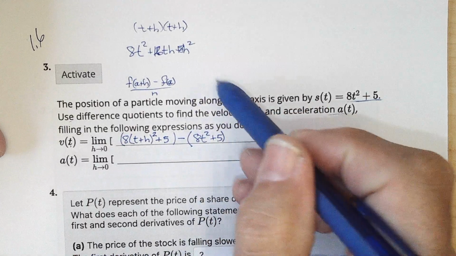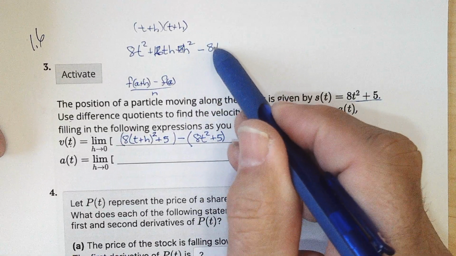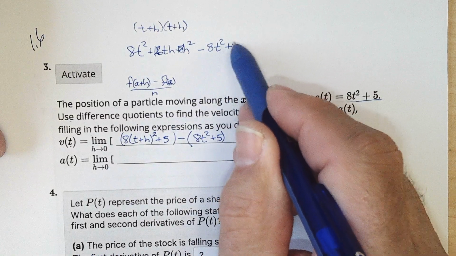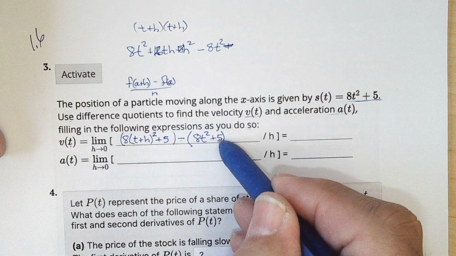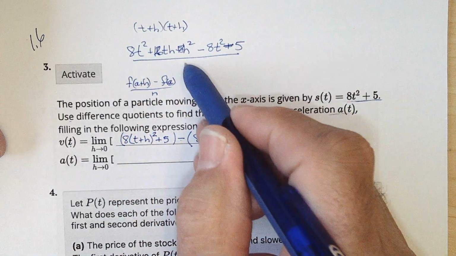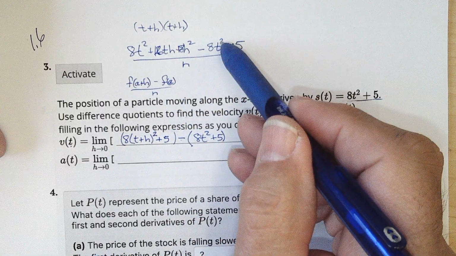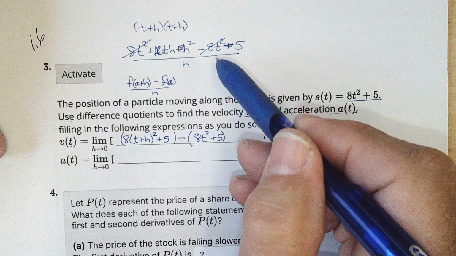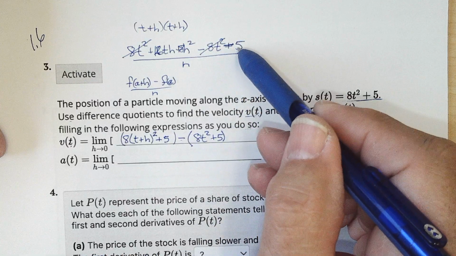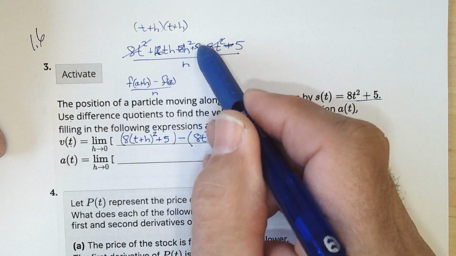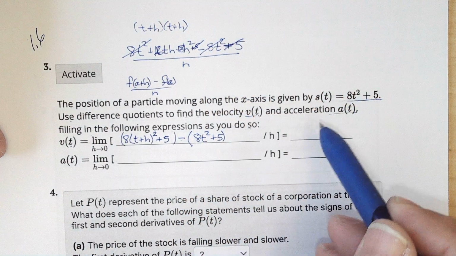And then I'm going to have minus 8t squared, and minus 5, because I've got to distribute the minus to both of them. And this is all divided by h. The 8t squared and the negative 8t squared cancel. And, ooh, I forgot the 5. Plus 5. And the 5 and the minus 5 cancel.